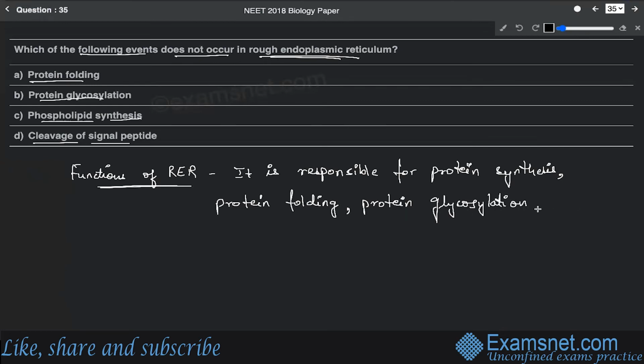All right, so protein glycosylation is a category of modification of protein, and it also involves cleaving any unwanted peptides. So cleaving of any signal peptides or any unwanted protein part that is not required for protein folding or that hinders protein folding. So all these are the functions. So the only one function that is left which doesn't occur in rough endoplasmic reticulum is option C, which is phospholipid synthesis, because this is a function of smooth endoplasmic reticulum, but not of the rough endoplasmic reticulum.